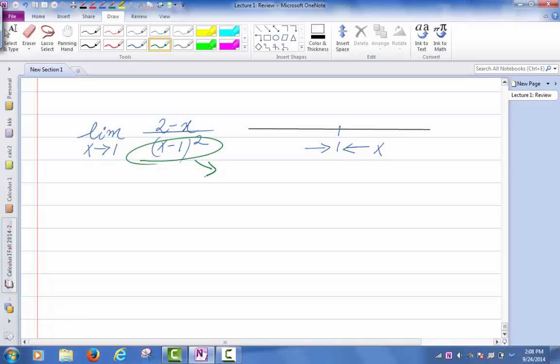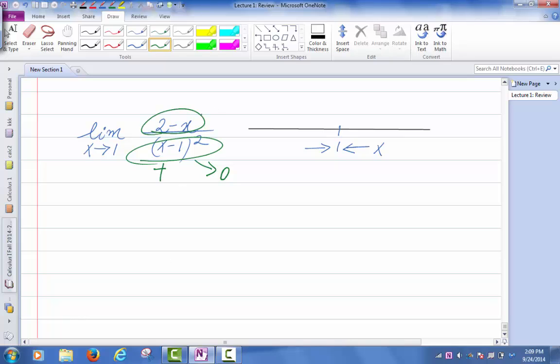As x goes to 1, this one goes to 0. However, what's the sign of the denominator? When x is close to 1, (x minus 1) squared, is it positive or negative? It's positive because of the square.